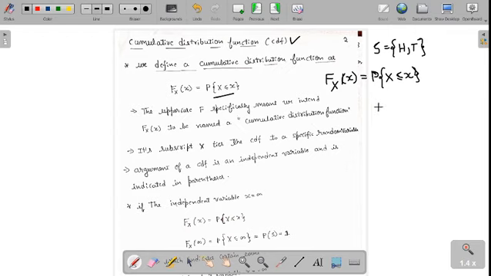The probability of getting head would be 1 by 2, so that would be 0.5. Similarly, the probability of getting tail would again be 1 by 2, which is equal to 0.5.